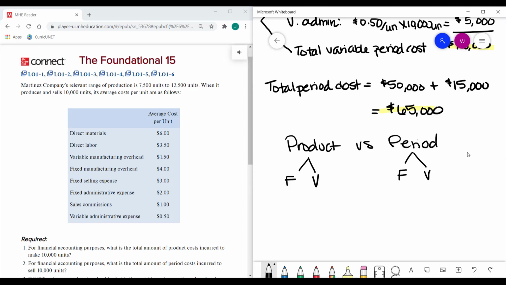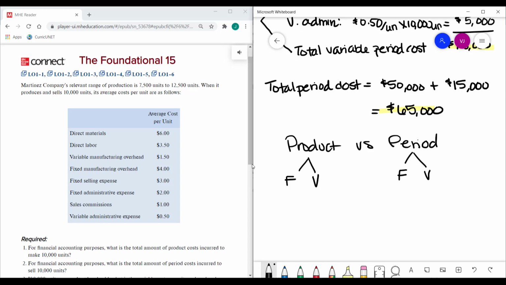So when we talk about total fixed cost, if I just asked you what's the total fixed cost, we're going to have to go through this list and add all the fixed costs together, whether they are product or period costs. And if I ask you what are the total variable costs associated with this company for this period, you're going to have to add all the variable costs together, regardless of whether it's a period or product cost.